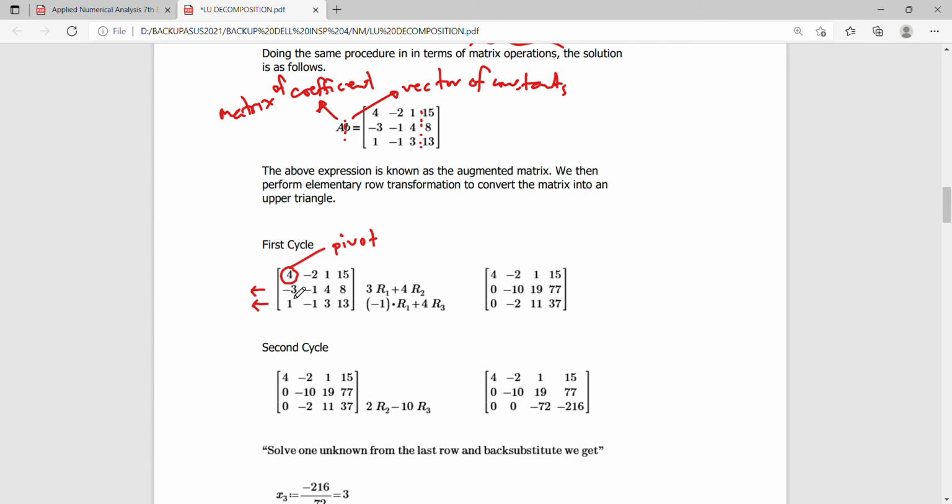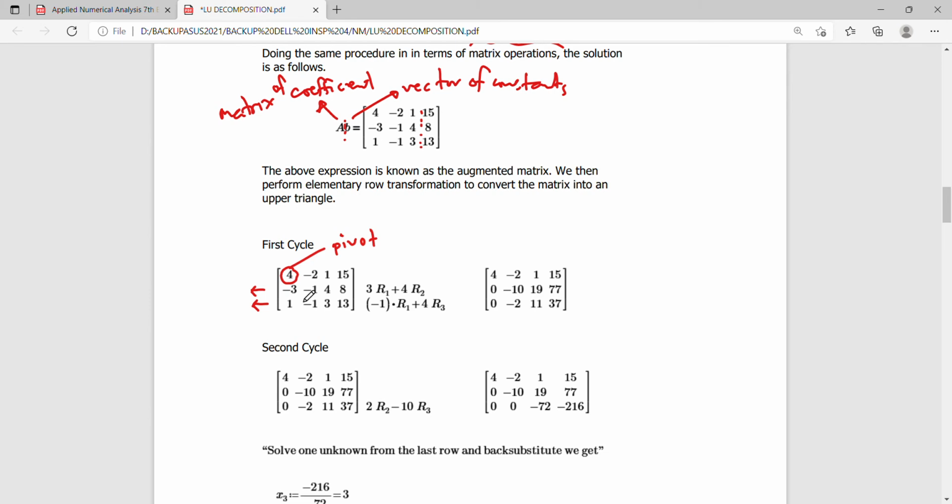So you multiply these equations, R2 is the equation, so this is row 2. We multiply the row equation by the pivot, and then add it to the row equation of the pivot multiplied by the coefficient of the row in question.